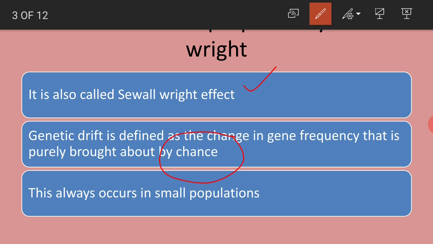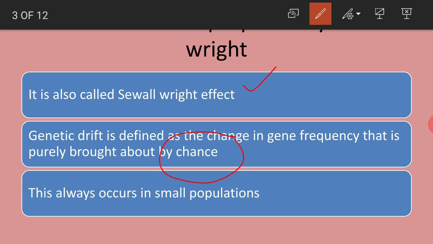Small populations are represented by living organisms or colonies of living organisms inhabiting a group of islands, that means oceanic islands, or a small area.